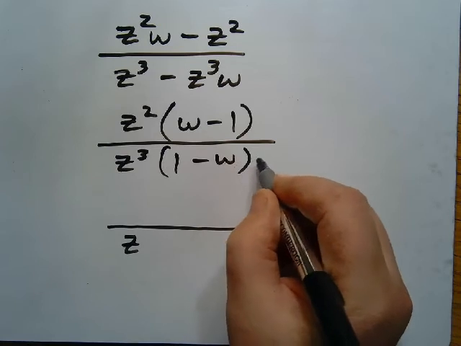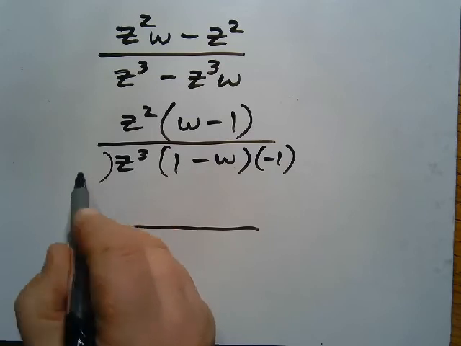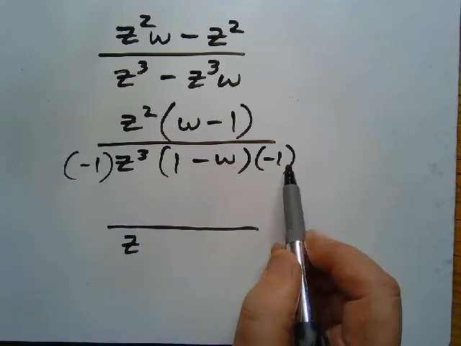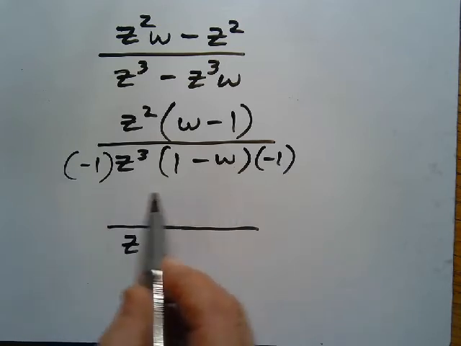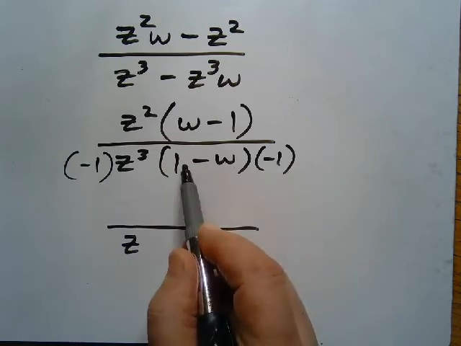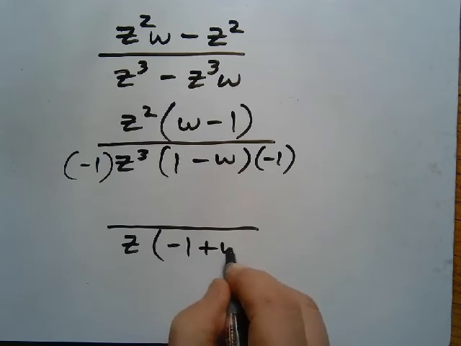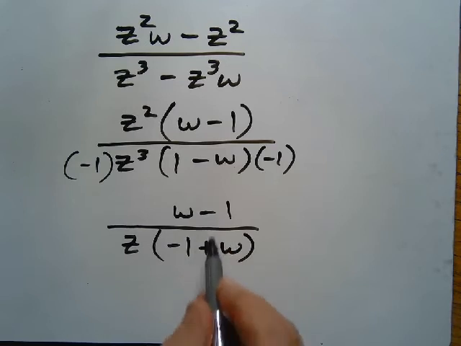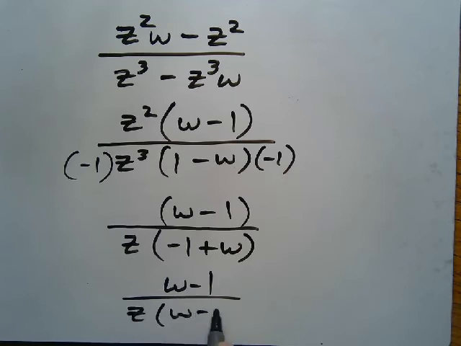If I multiplied this times a negative 1 right here, and over here times a negative 1 again, I really haven't changed the denominator. I've multiplied negative 1 times negative 1. But what I end up with right here now is negative 1 plus w, and the top is w minus 1. Well, these are the same. They may not look the same, but this is w minus 1 over w minus 1.